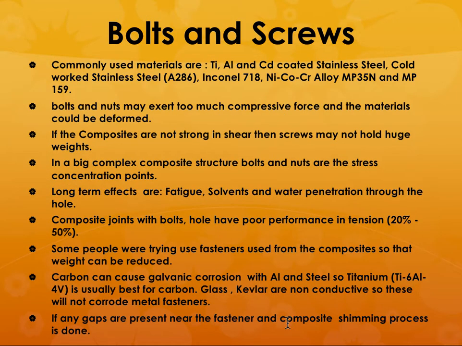Okay. So what are the common types of bolts and screws? Titanium, aluminum, or cadmium coated stainless steel. But the problem is that bolts and nuts may exert too much compressive force, and the materials can be deformed.